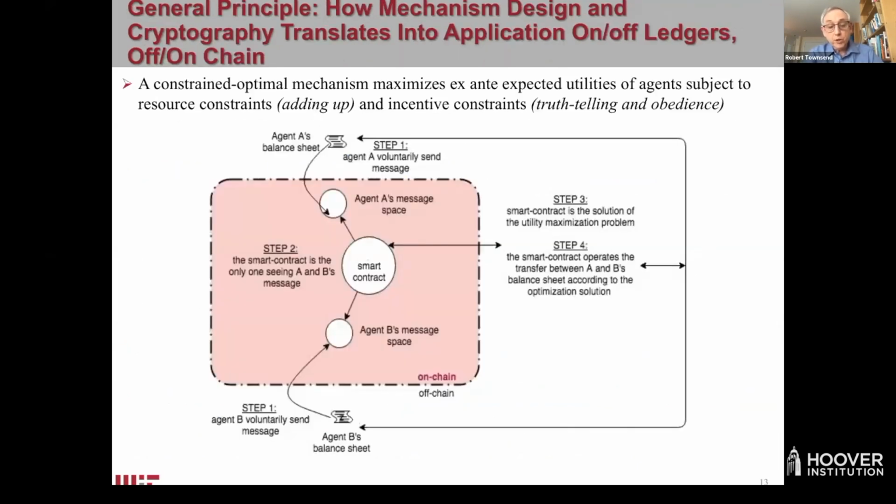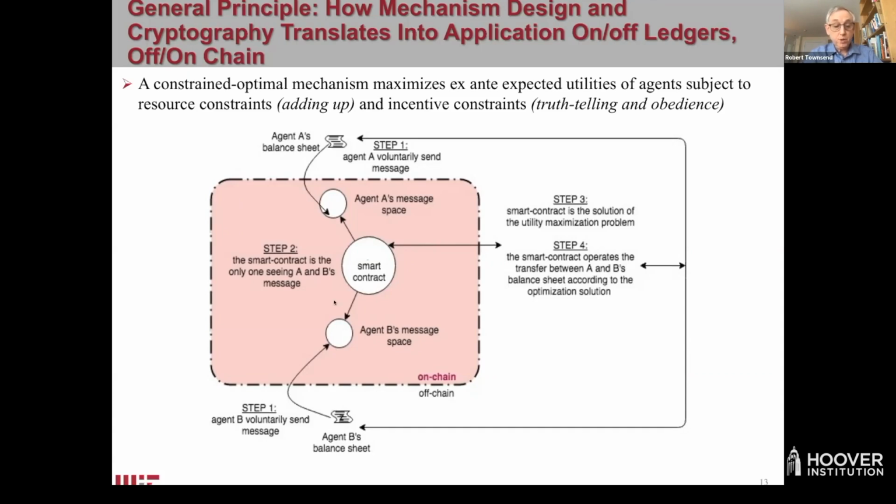So here's a more general design, which is the combination of using smart contracts and ledgers. These guys here, agents A and B, are sitting there with their accounts, their balance sheets and income statements and so on, as in the database I talked about.